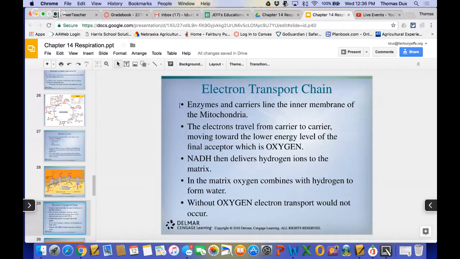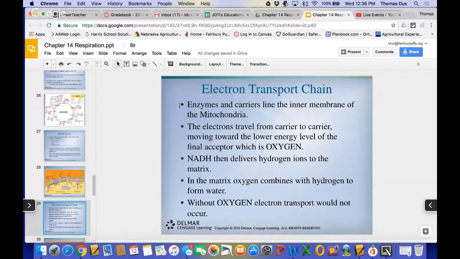In the matrix, the oxygen combines with hydrogen and water is formed. Remember in photosynthesis, that first part of the electron transport chain, what happened to the water? It was split. Oxygen was released, and hydrogen stayed inside. This is kind of opposite now. Hydrogen is there, and it combines with oxygen.